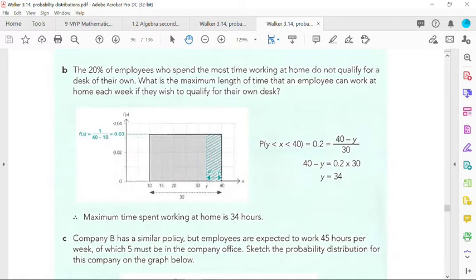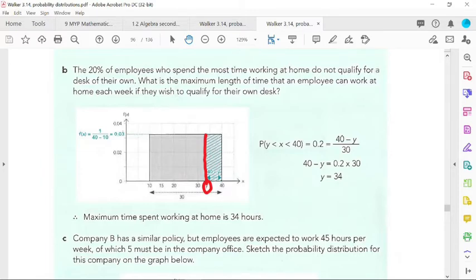So that means the top 20%. Well, this one you'll have to do a little bit of an equation. The problem is I don't know that number, so I can't subtract it, can I? So I'm going to have to make an equation out of this.